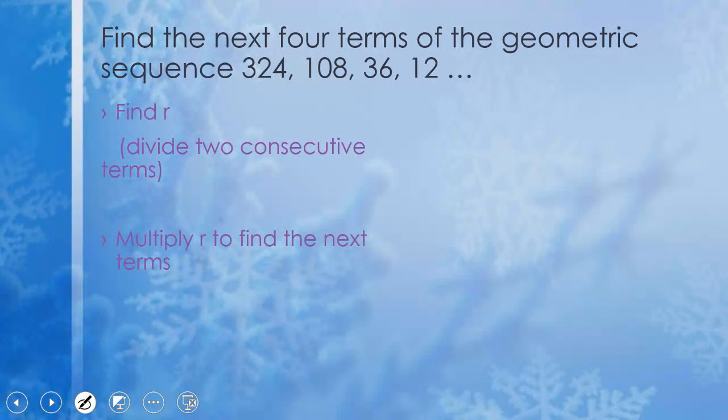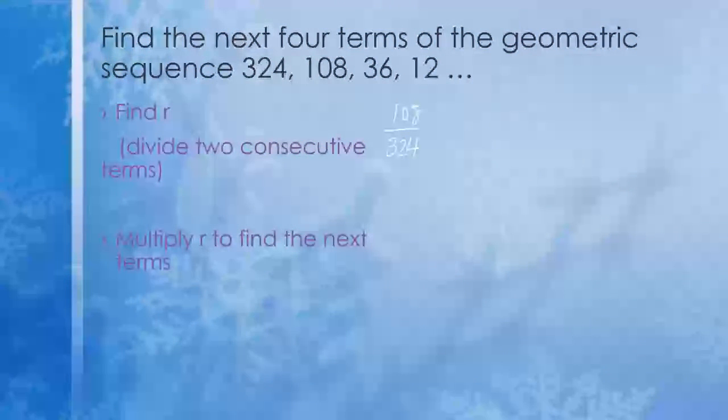So find the next 4 terms of the geometric sequence 324, 108, 36, 12. Here we're finding r, okay? We know it's getting smaller. So I'm going to divide 108 by 324 and see what I get. It's really important here that you do not round your decimals. So when I do this, I get 0.33333 repeating, okay?